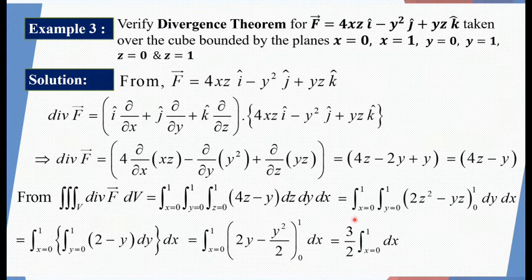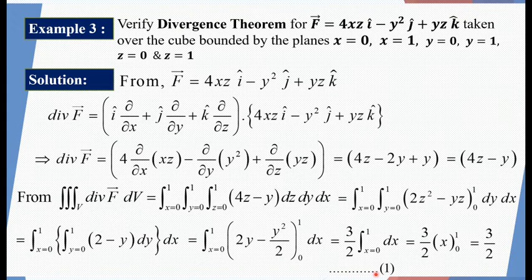So it is 3 by 2 integral x equals to 0 to 1 dx. The integral of dx is x under the limit 0 to 1, and when we put 1, then it is 3 by 2. So this is the value from the triple integral. Let it be equation number 1.